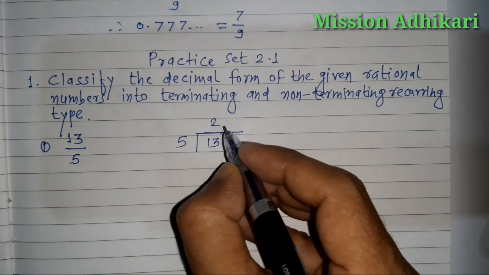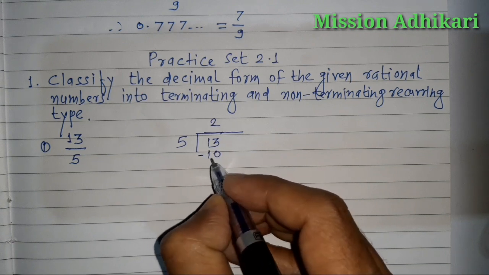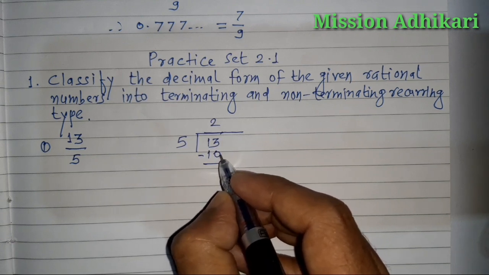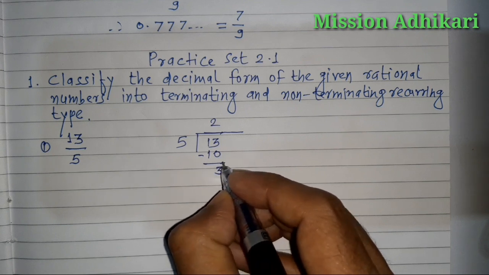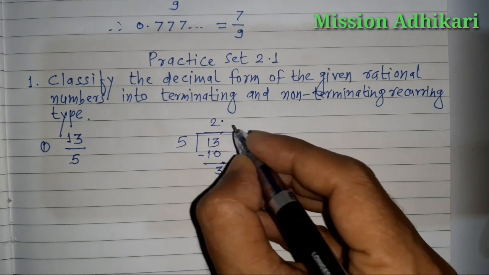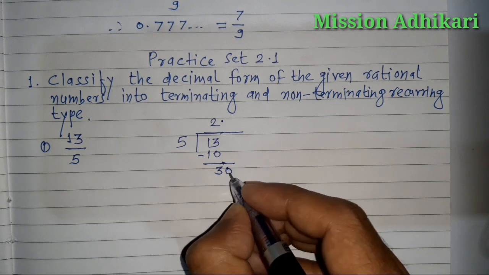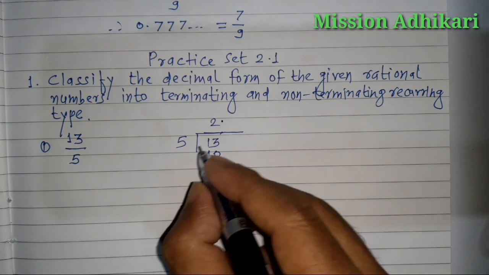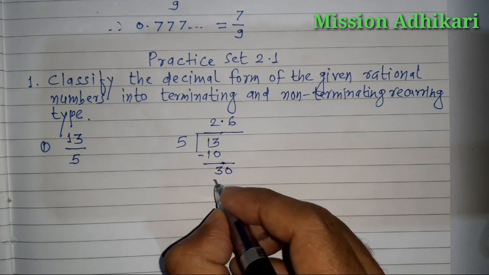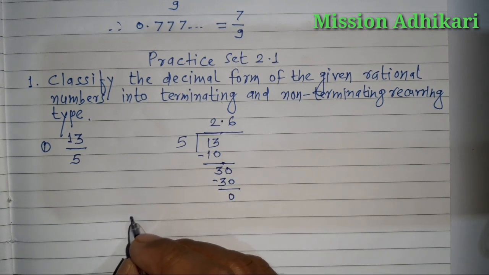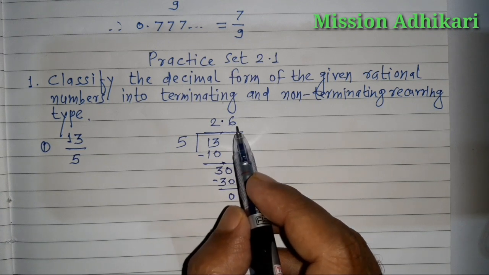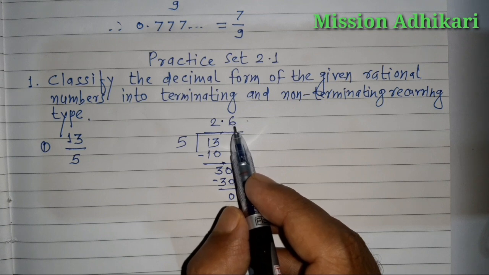5 twos are 10. 13 minus 10 is equal to 3. Then we take the decimal point. Here comes 0, that becomes 30. 5 sixes are 30. The remainder is 0. Here the quotient is ending. It means it is terminating type.